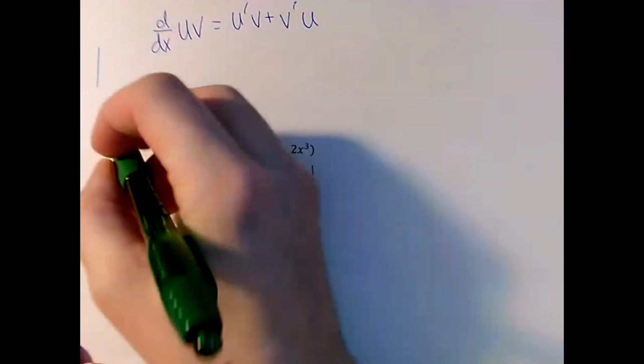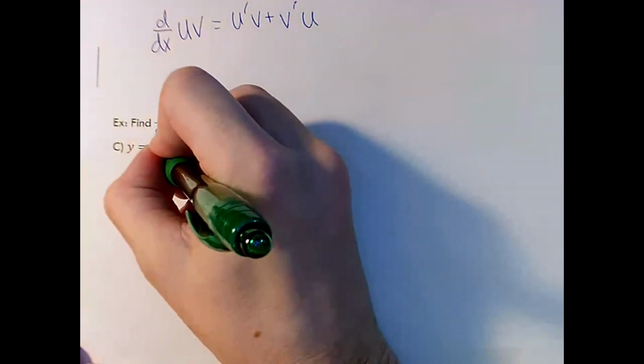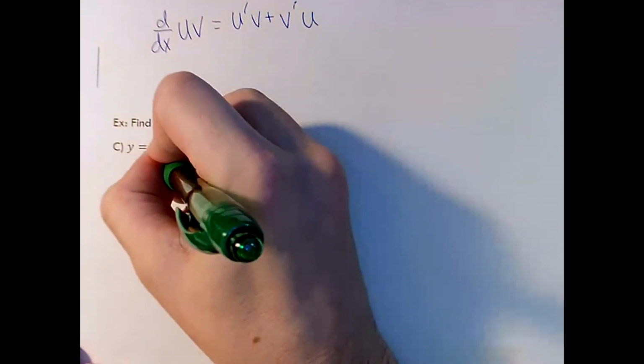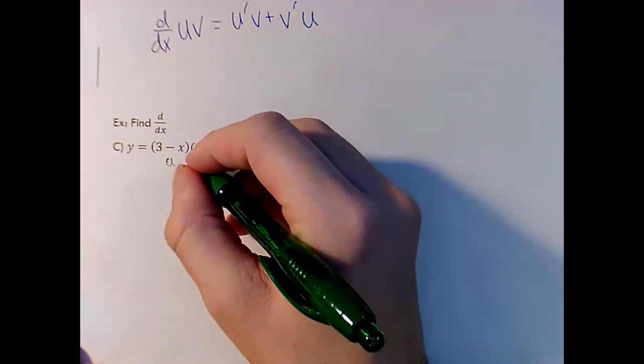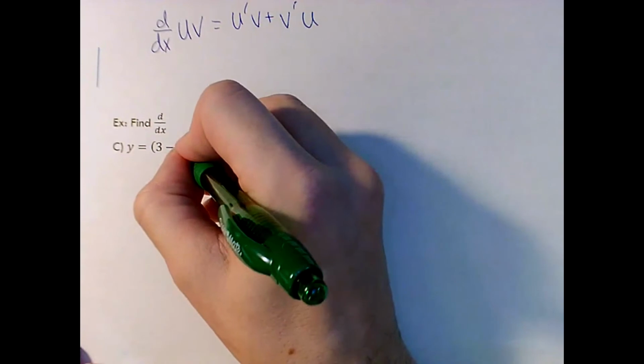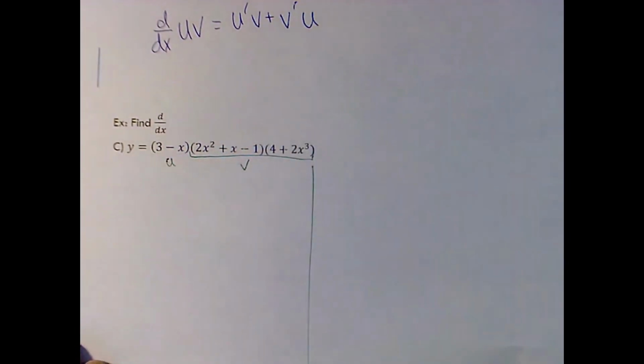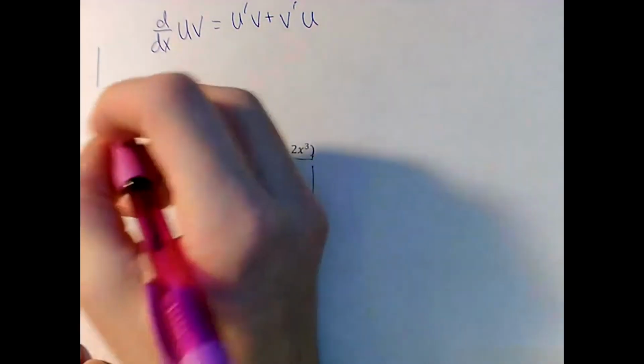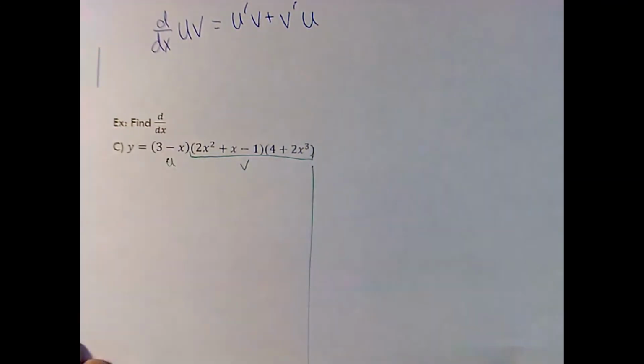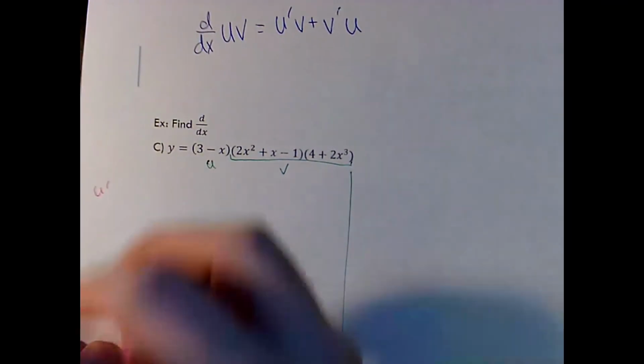So in situation number 1, I'm going to let u equal this. I'm going to let v equal that. So you ready? U prime is -1.